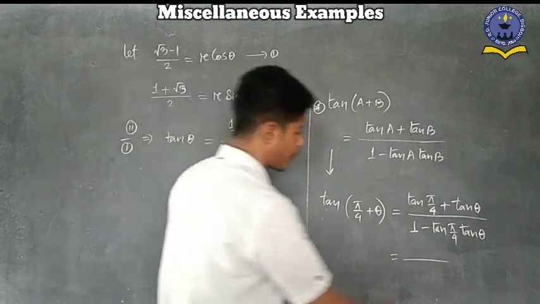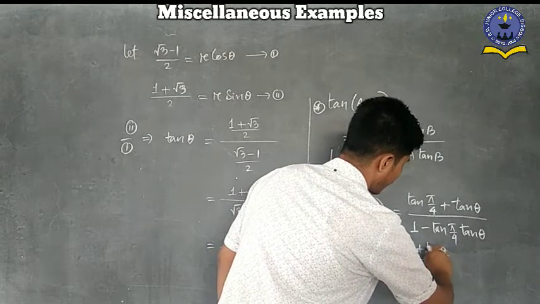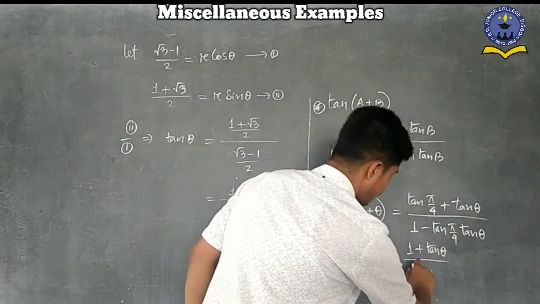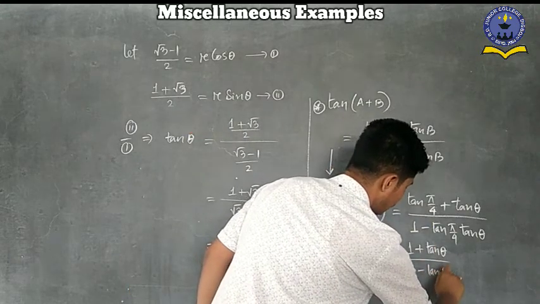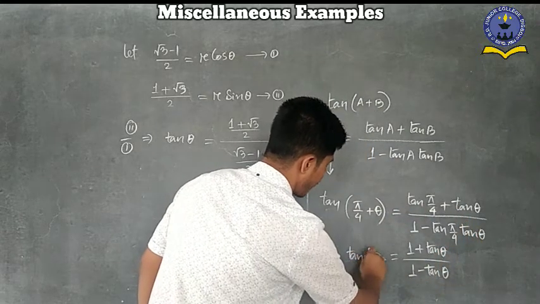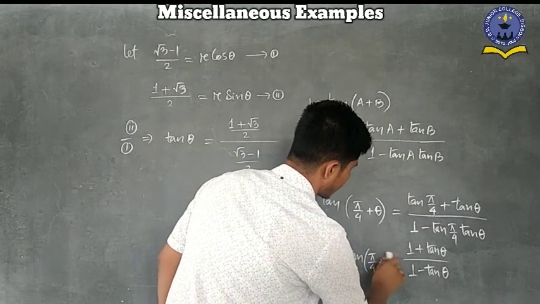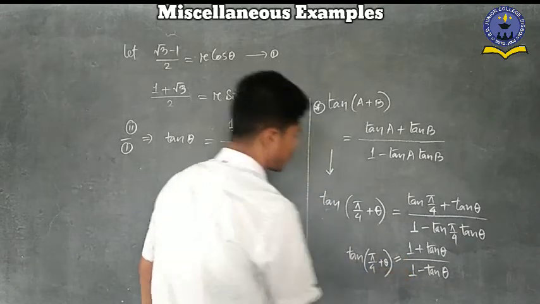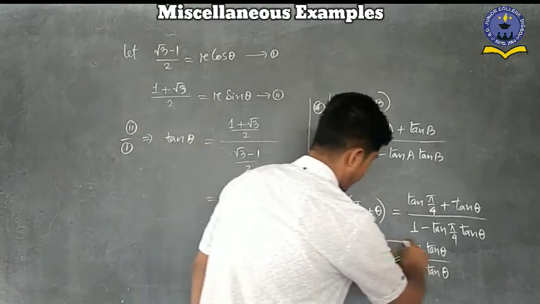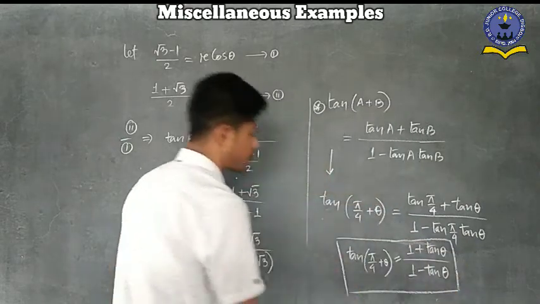Tan pi by 4 means 1, so simply we write 1 plus tan theta in the numerator, and 1 minus tan theta in the denominator. So in place of tan (pi by 4 plus theta), we can write this formula.